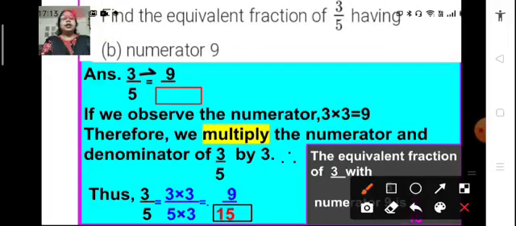That means we have to multiply the numerator and denominator of this fraction by 3. So here we have shown this. If you multiply both the numerator and denominator by 3, what do we get? We get the fraction 9 upon 15. So 9 upon 15 is the equivalent fraction of 3 upon 5 with the numerator 9. So the box will be filled by the number 15.